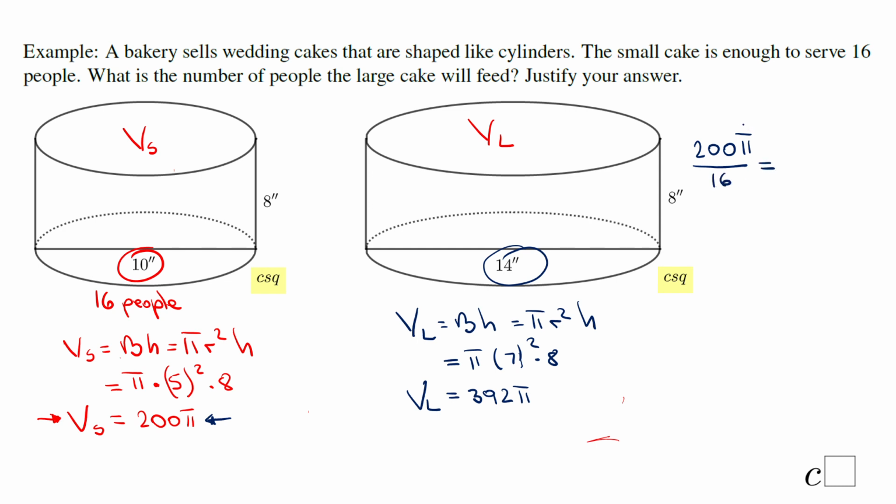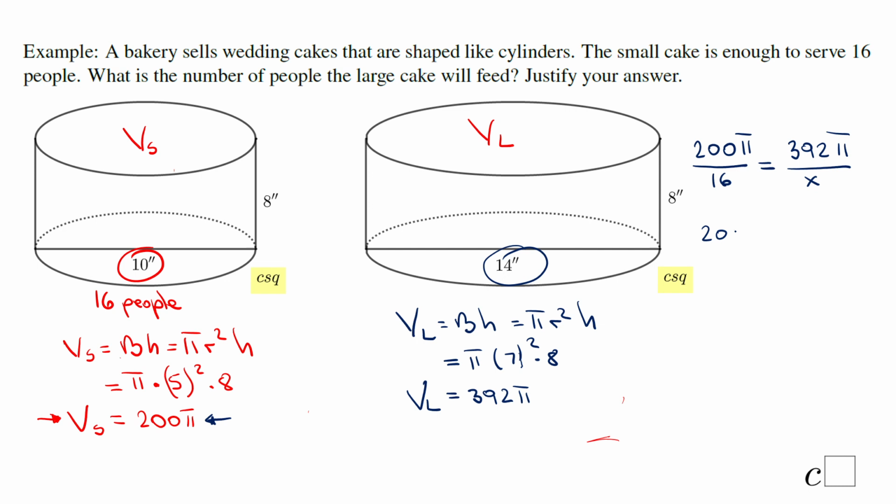And the second one has a volume of 392 pi. How many people? So you see, I use proportion here, which I think are very good in a lot of problems in geometry and not only. So how do we solve this one? We're going to do cross multiplication.